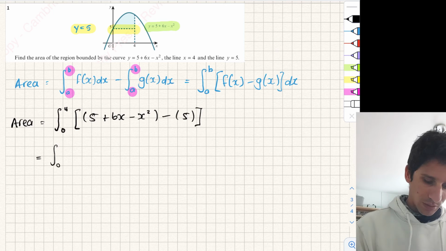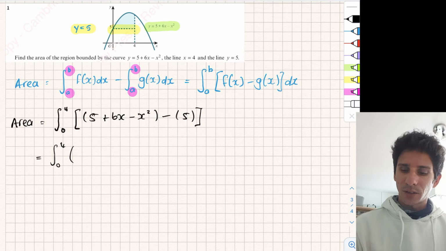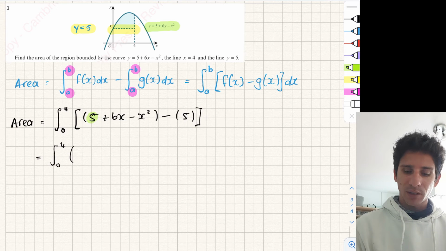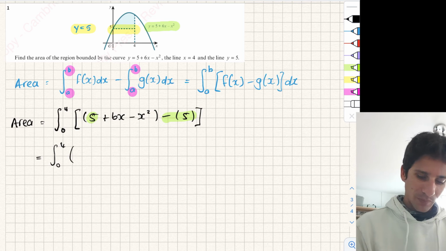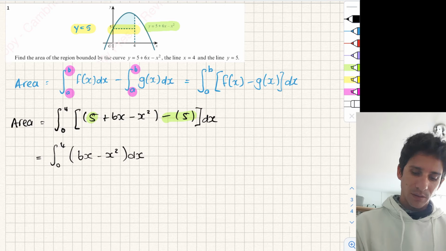So we have the integral from 0 to 4, and I can see that those 5's are going to cancel out. I have 5 on the inside of this bracket, and this minus 5 is going to cause that 5 to disappear. So I'm just going to be left with 6x minus x squared, and this is with respect to x. Let's not forget that.